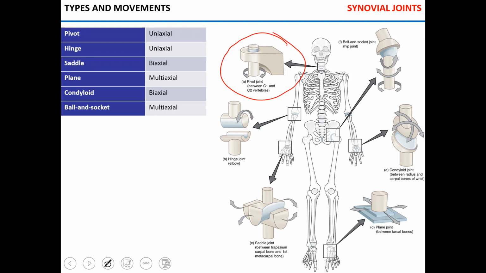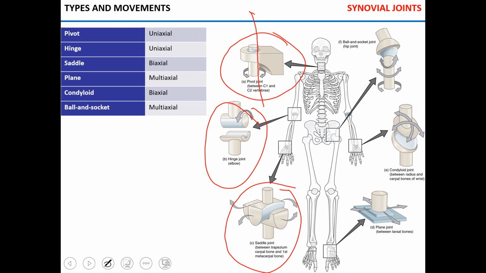And the movement here you can see is going to be uniaxial, one axis. They can be hinge joint, like an elbow, again, uniaxial joint. It can be saddle joint. Saddle joints are between the metacarpals and carpal bones.